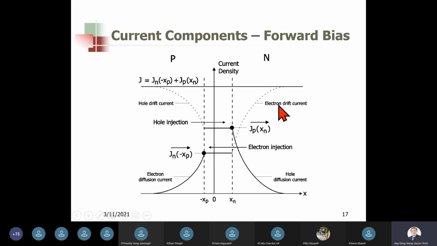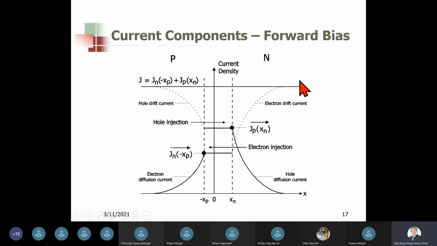Now, this current in the quasi-neutral N side is none other than the electron drift current, shown by the dotted line here. And on the quasi-neutral P side, this missing current is none other than the hole drift current.